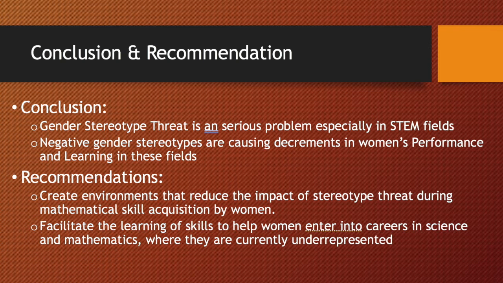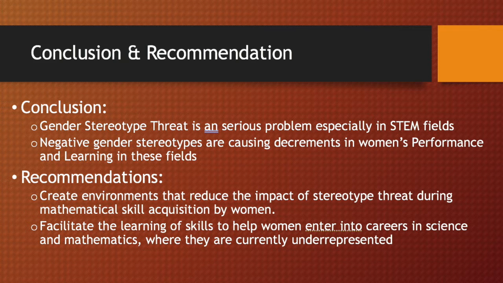In conclusion, the gender stereotype threat is a serious problem, particularly in the STEM field, because it is causing damage to women's performance and learning. To tackle such serious problems, my recommendations are that organizations and educational institutions create environments that reduce the impact of such stereotype threat during the acquisition of math skills by women.